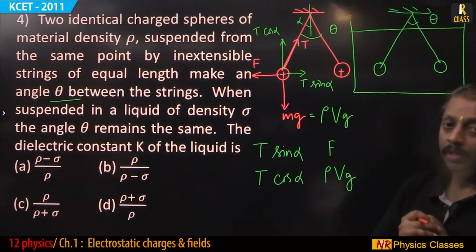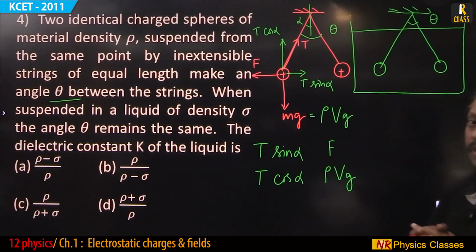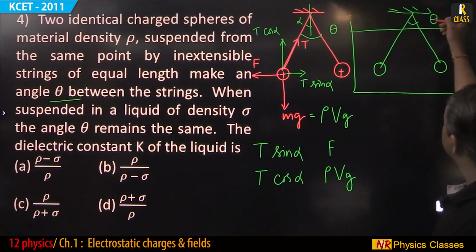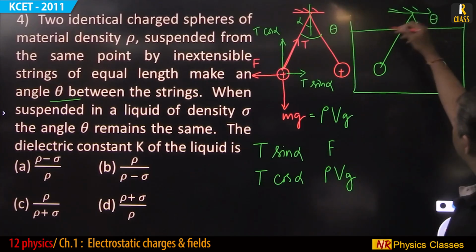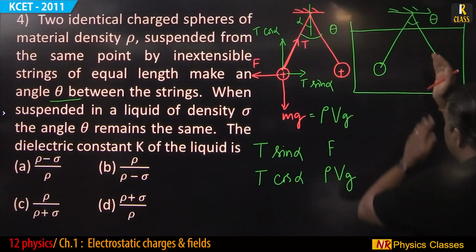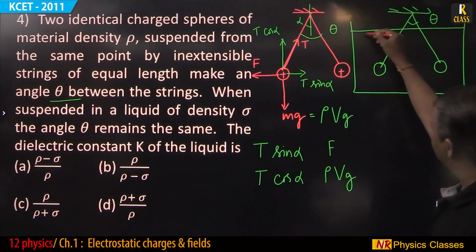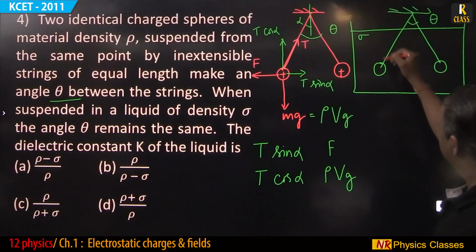That you know. If effect of force decreases, then they should come closer. But here angle remains same. Angle remains same means the effect of dielectric constant is nullified by the buoyancy by the liquid. Okay, liquid of density sigma.